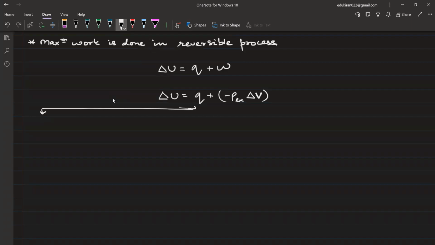for example, if you have isothermal process, that is isothermal expansion. In isothermal expansion, the temperature is constant, right? So delta T is equal to 0.